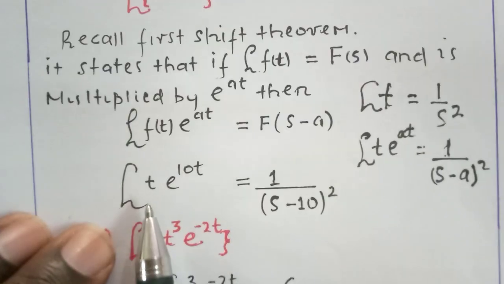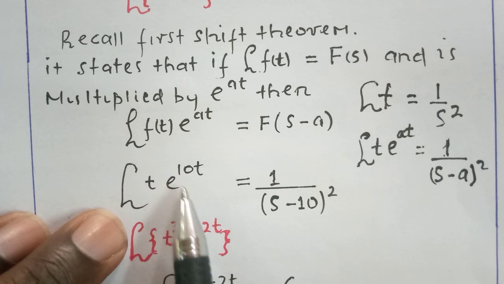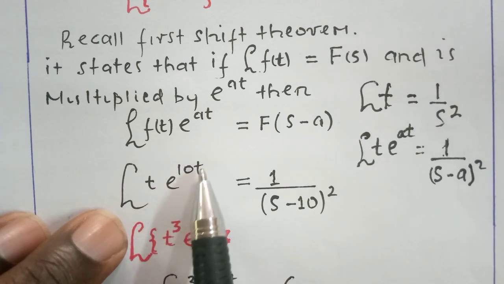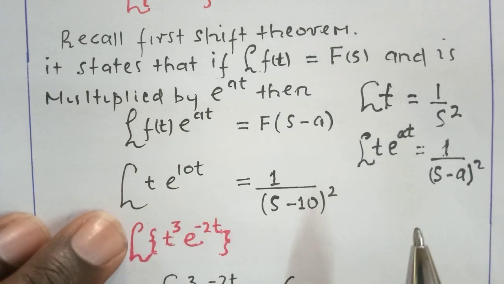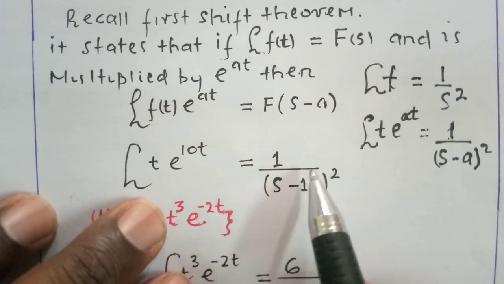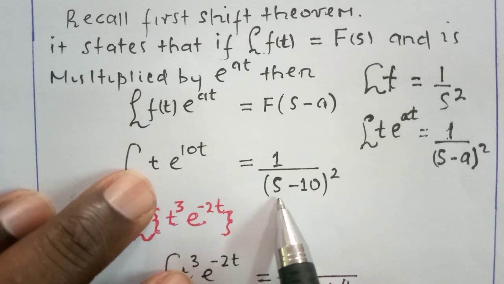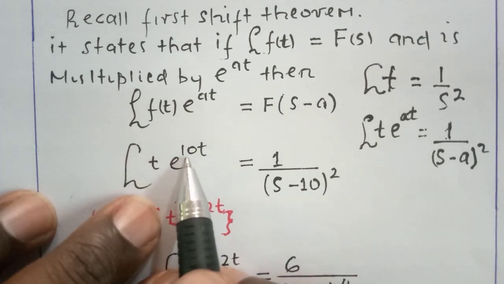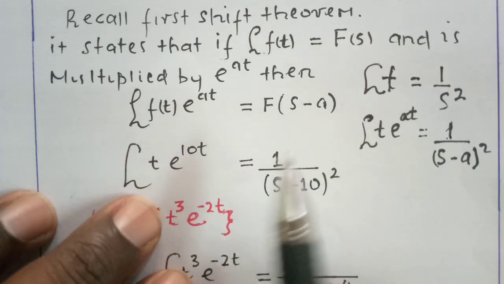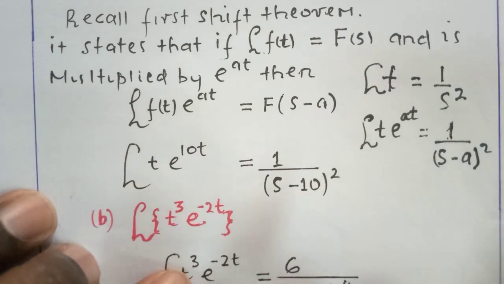And so here we have a question, where we have t multiplied by e raised to 10t. If it was t alone, it would have been 1 over s squared. But now, guys, we have a 10 here, so this one will be s minus 10, in brackets, squared.